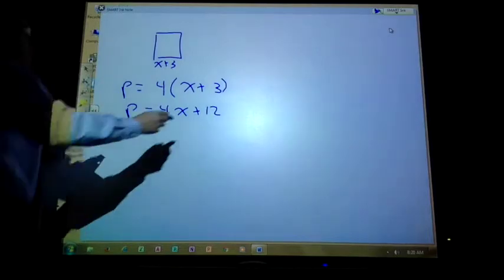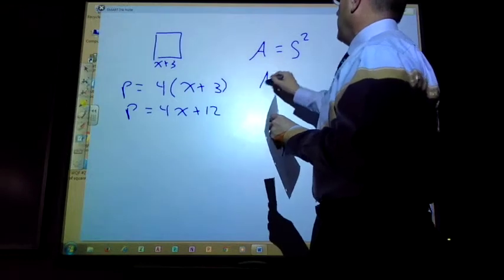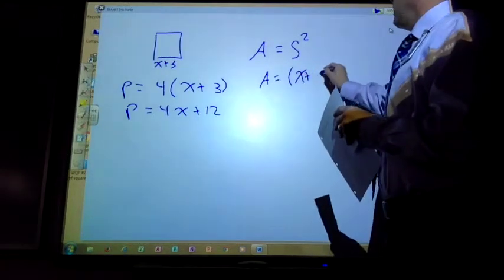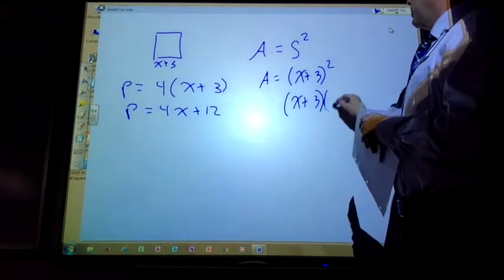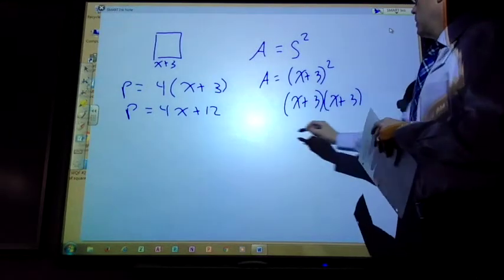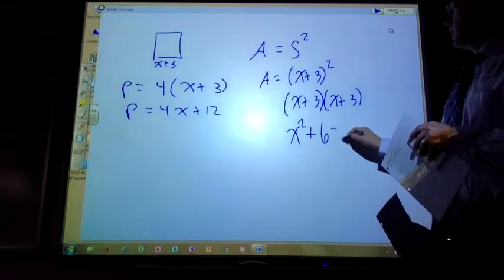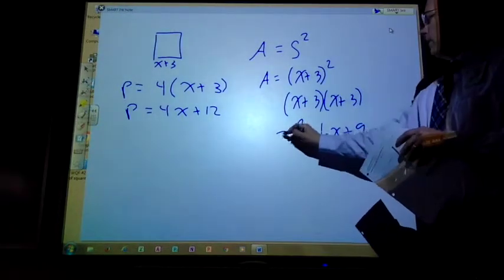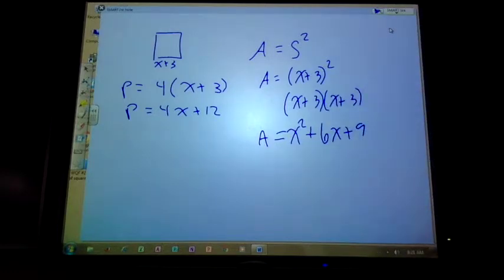Find the area. The area of the square is side squared, so that'll be x plus 3 quantity squared, which is the same thing as x plus 3 times x plus 3. So x squared plus 3x plus 3x is 6x, plus 9. And then evaluate both when we know x is 5.